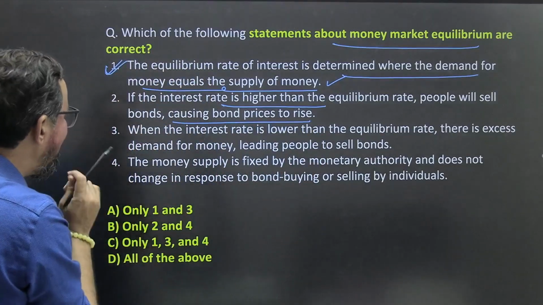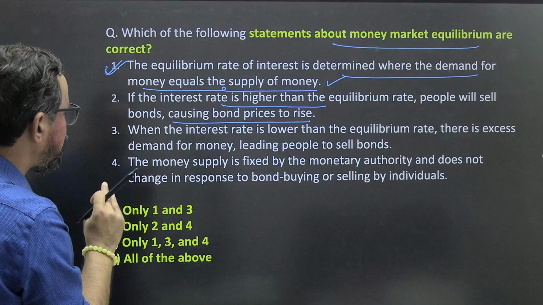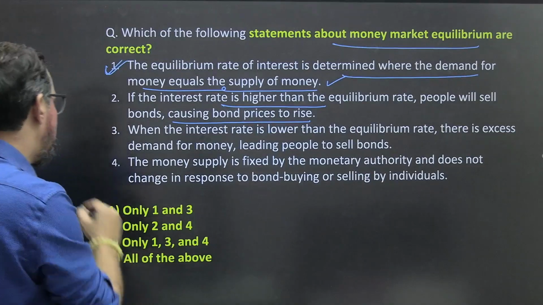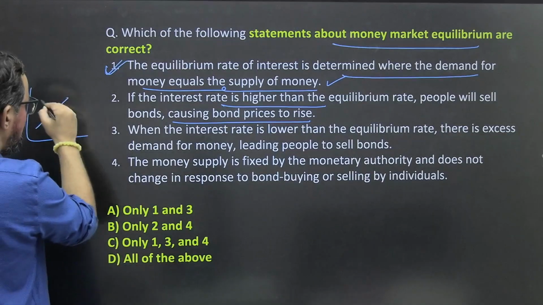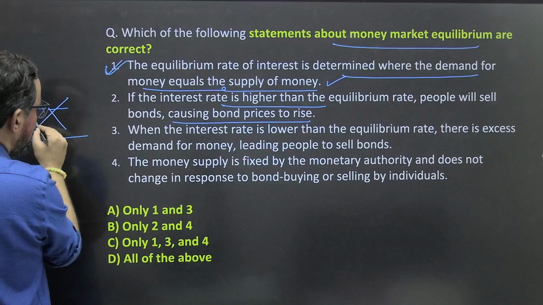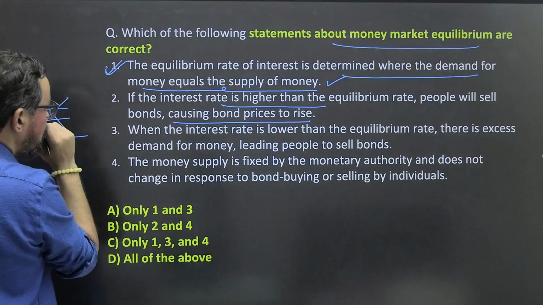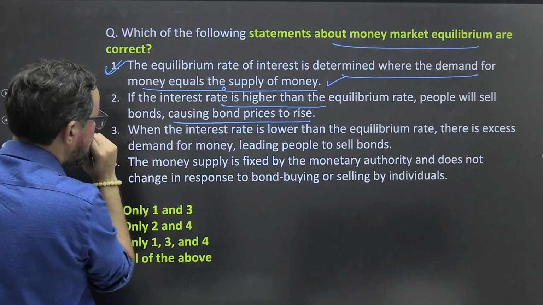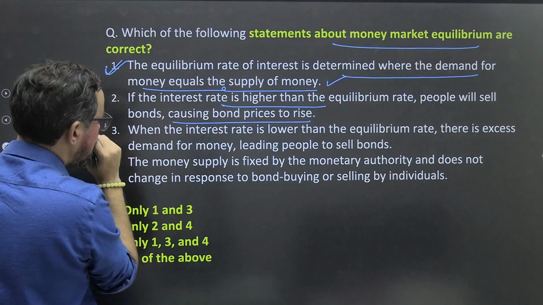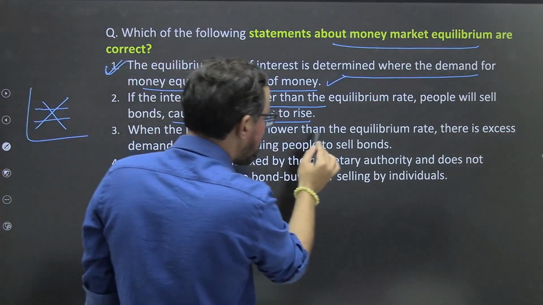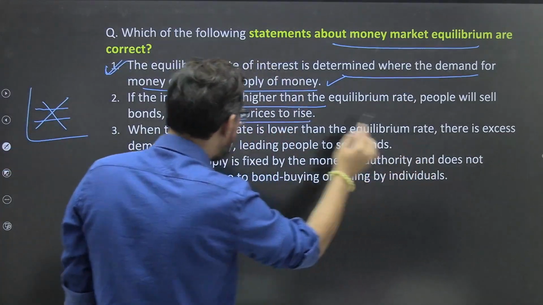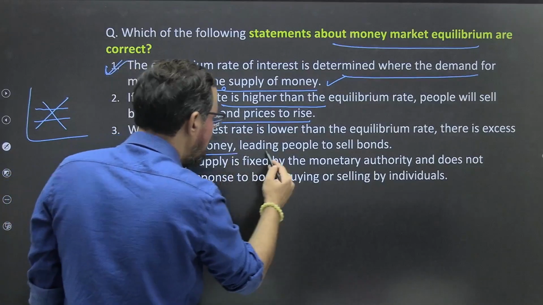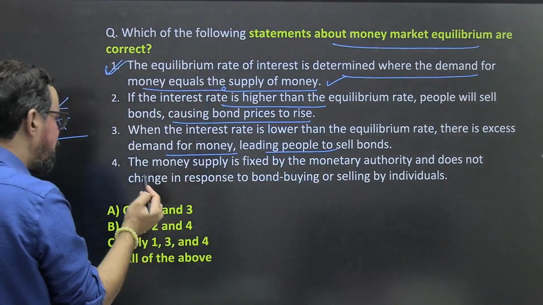If interest rate is lower than equilibrium, there is excess demand for money, leading people to sell bonds.